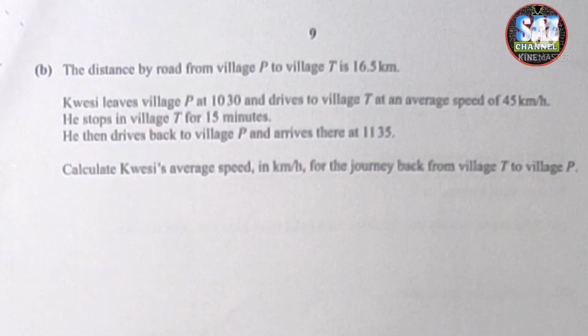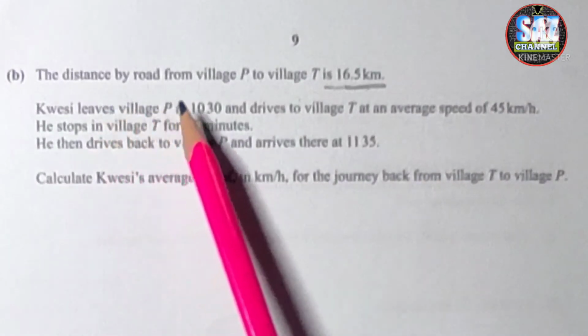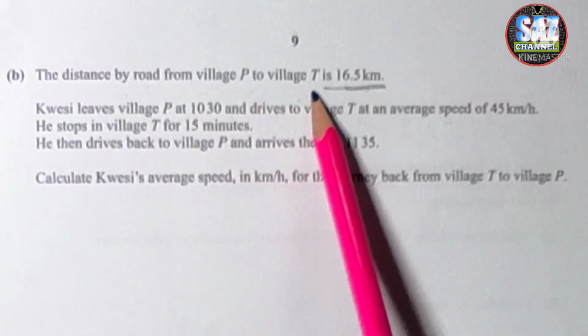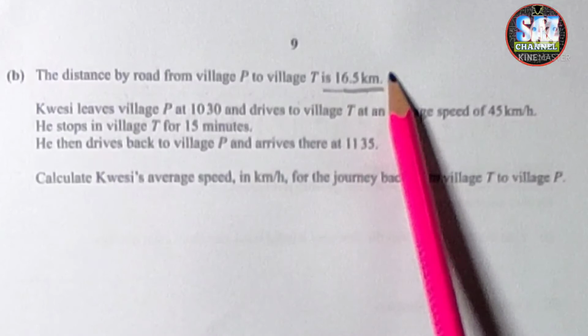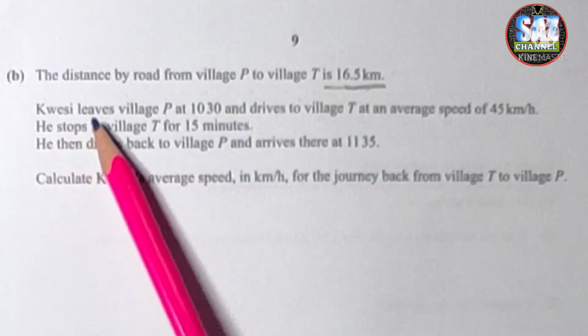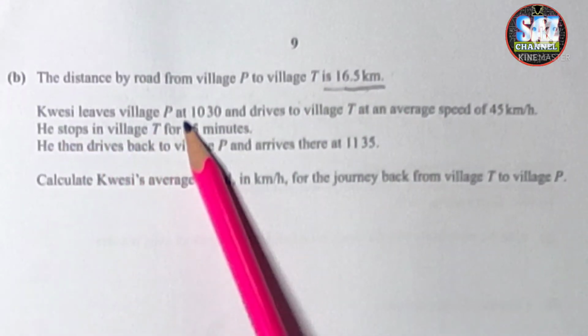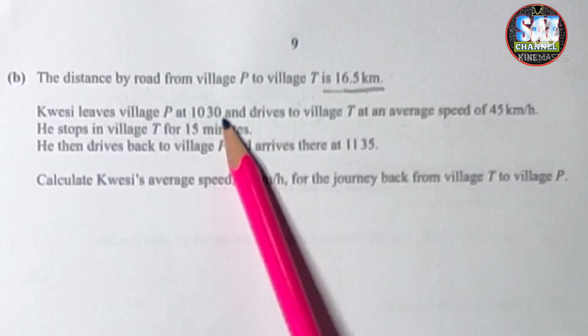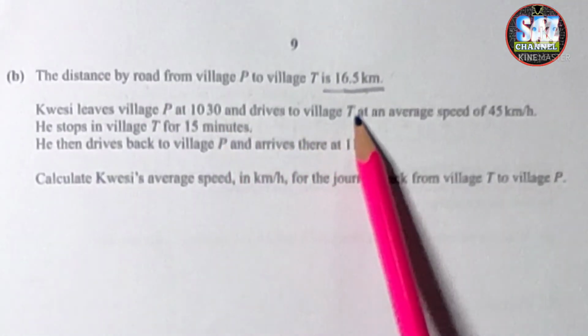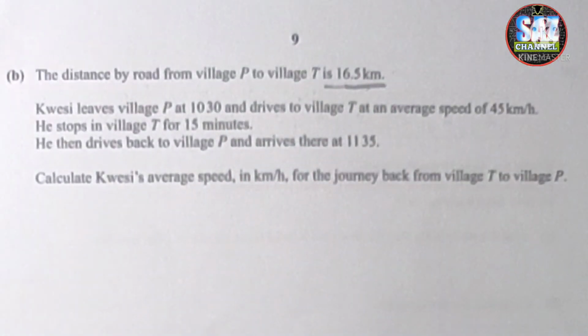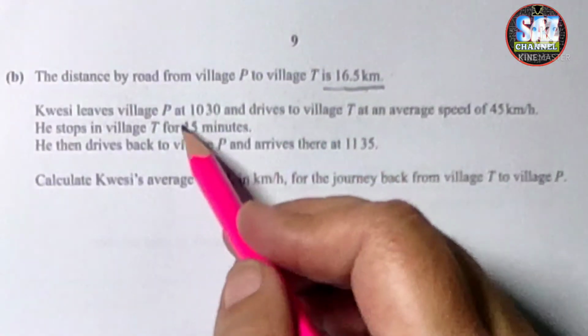Let's read the question first. The distance by road from village B to T is 16.5 kilometers. Kawasi leaves village B at 10:30 and drives to village T at an average speed of 45 kilometer per hour.